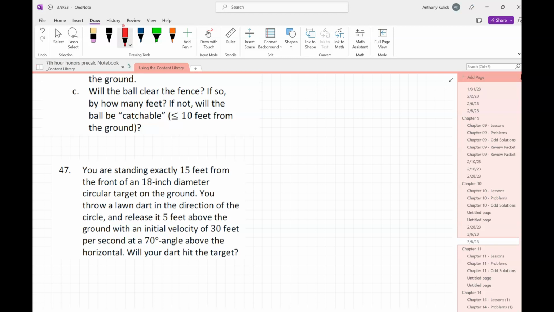Let's look at 47. So it says you're standing 15 feet from the front of an 18-inch diameter circular target that's laying on the ground.